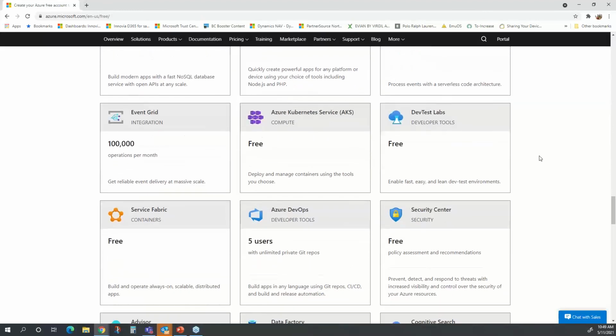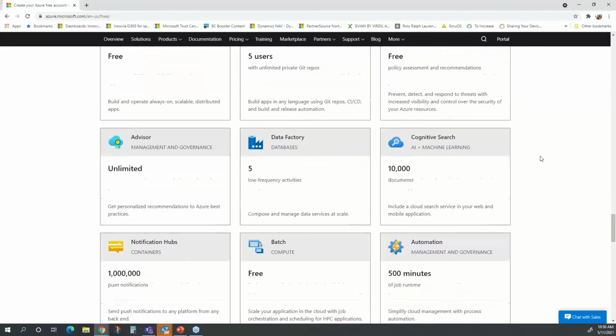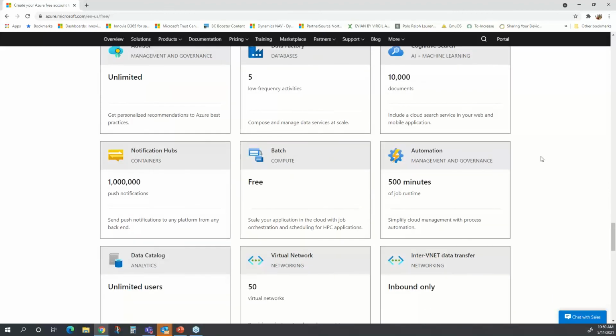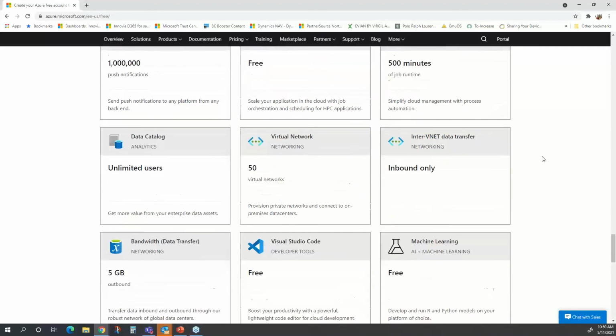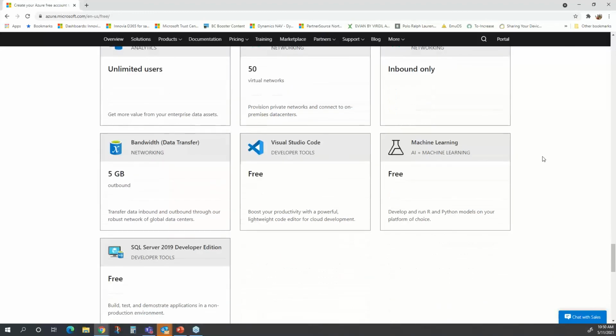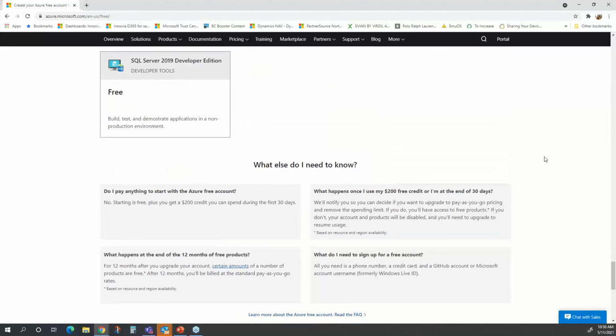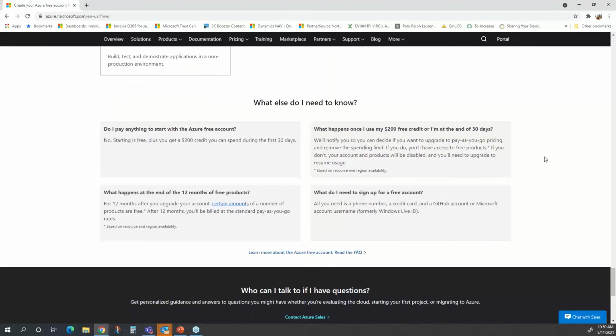So you can get an idea here of the amount of resources that certainly it pays to consider as you look at Azure. And once you sign up for these free accounts, you can read the FAQ about it.